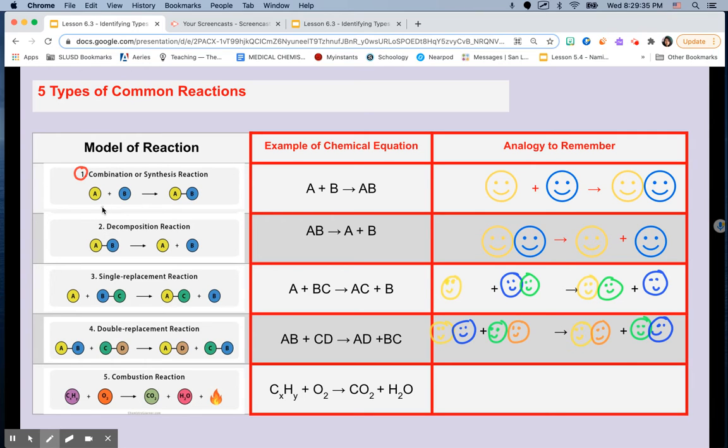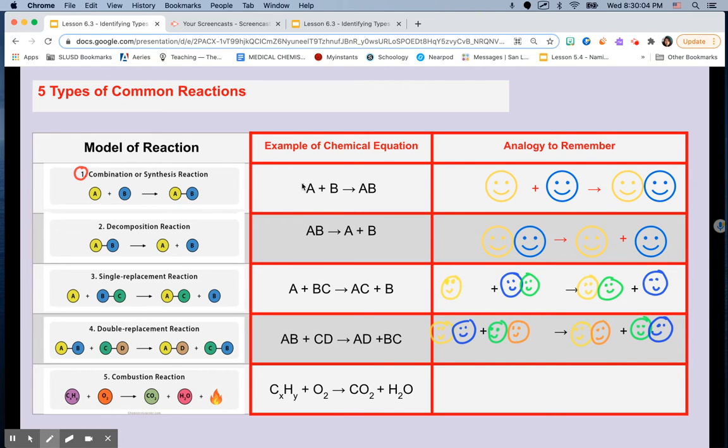And if you notice, in a combination reaction, all these letters essentially represent separate molecules or elements. So in a combination or a synthesis reaction, molecule A and molecule B are separate. And then they're going to combine together into one molecule, right?